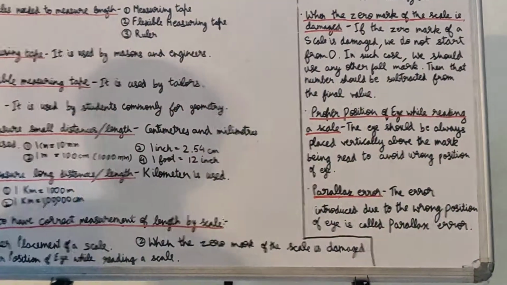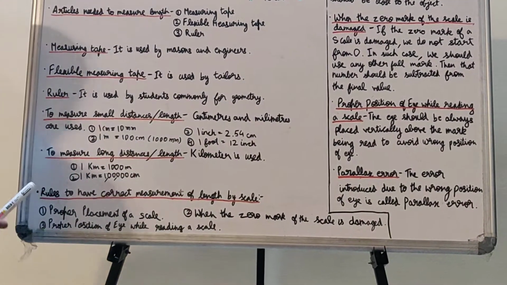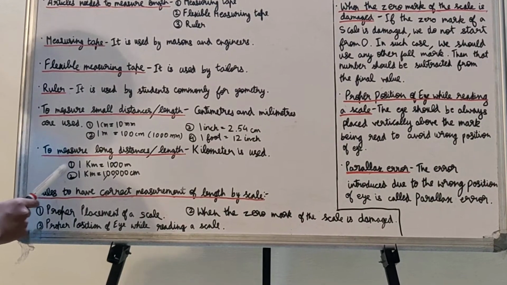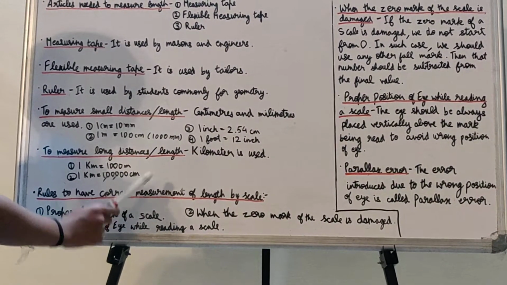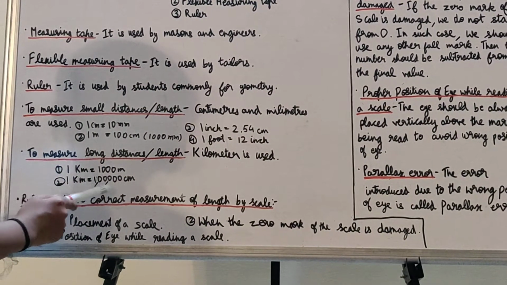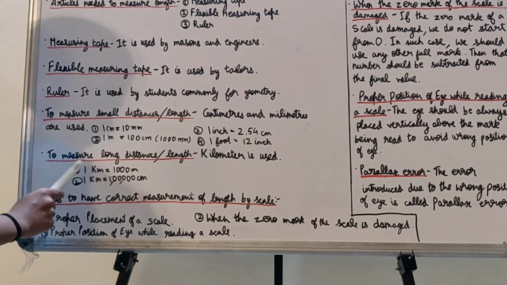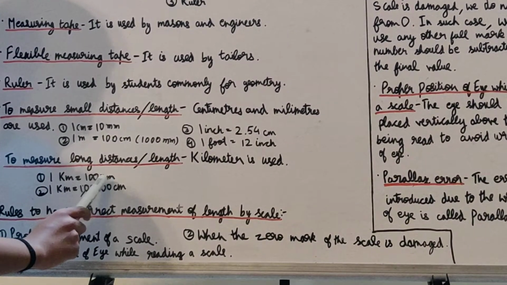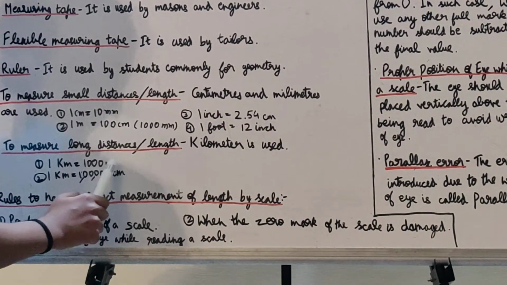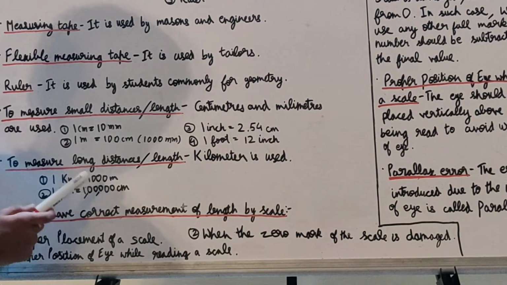Then, to measure long distances or lengths, the kilometer is used. 1 kilometer is equal to 1000 meters, and 1 kilometer is equal to 1 lakh centimeters. Now how is 1 kilometer equal to 1 lakh centimeters? First, 1 kilometer is equal to 1000 meters, so first write 1000.